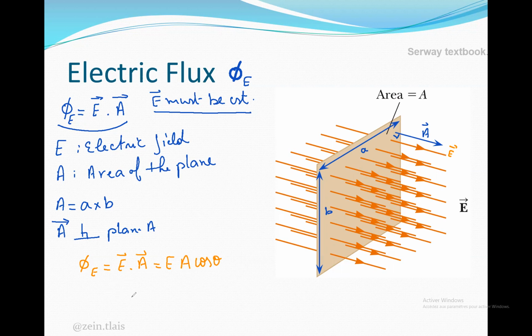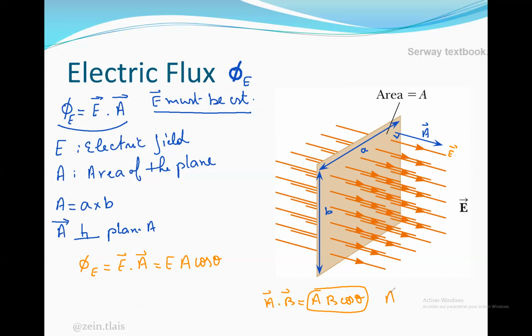You know, in the general case, A dot B equals A B cosine of the angle between A and B. This is a scalar quantity, okay?